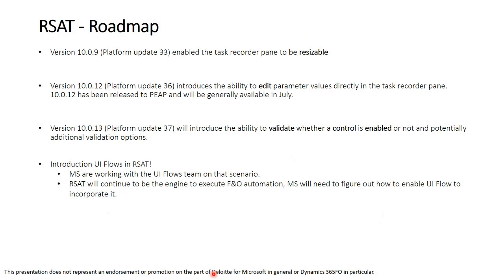10.013, which is now in preview and will become GA soon, lets us also validate if a country is enabled and adds other additional validation options. This is cool because remember that we can use RSAT also for security journeys. That means we can run our tests using different users with different profiles, different roles.